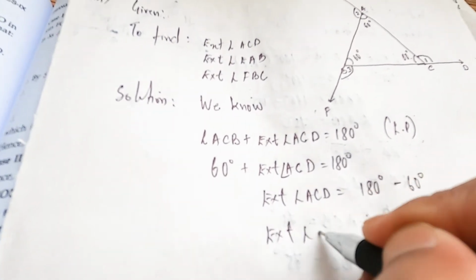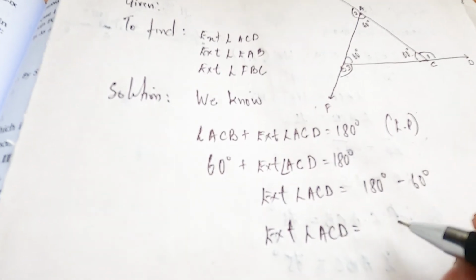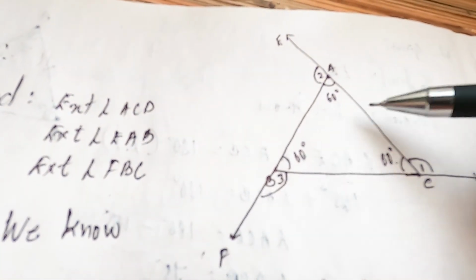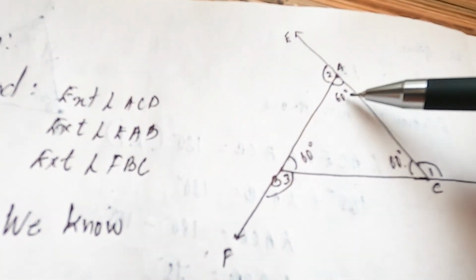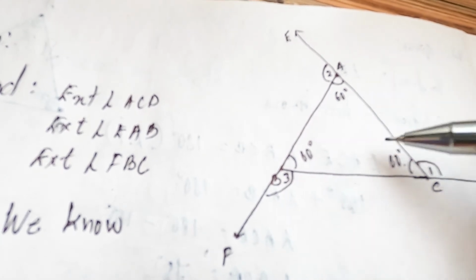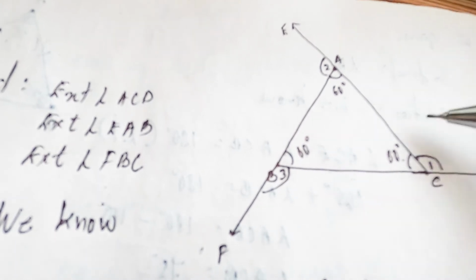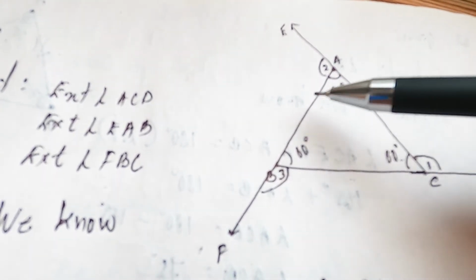So exterior angle ACD is equal to 120 degree. Also we know that this is an equilateral triangle in which all the angles are equal. So therefore all the exterior angles also will be equal. All right, so since this is 120, so here also will be 120, 120, 120.